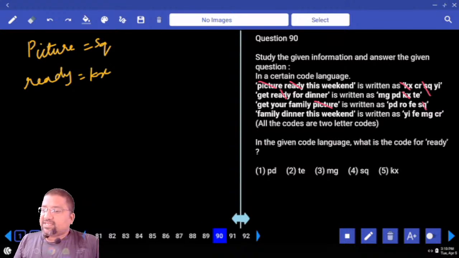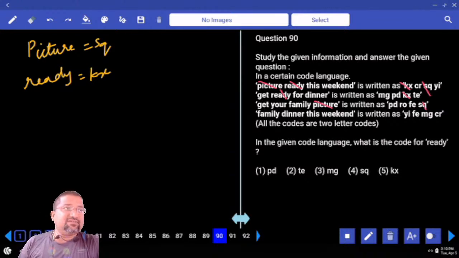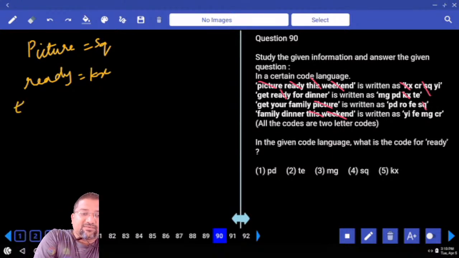Next, this weekend. You have this only in the first and the fourth sentence. But along with this, you also have weekend. So how many words common? 2 words. What are those 2 words? This and weekend. Do we see this or weekend anywhere else? Nowhere.